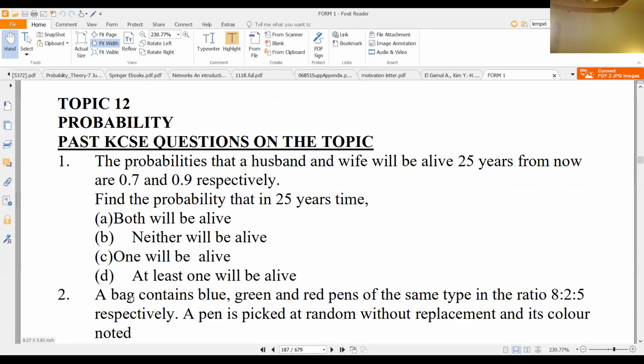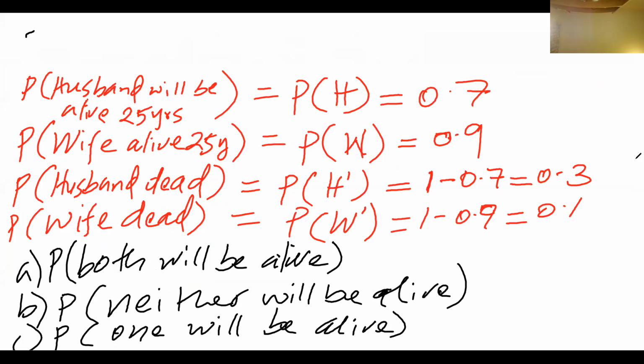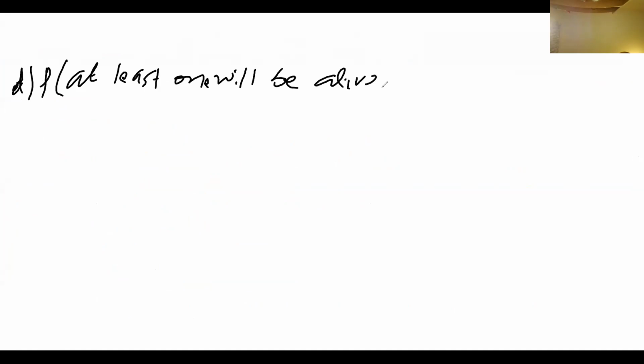D is the probability that at least one will be alive. Those are some of the questions that you need to understand, and they'll look similar to that one, but don't cram, just practice, understand the concept and everything.